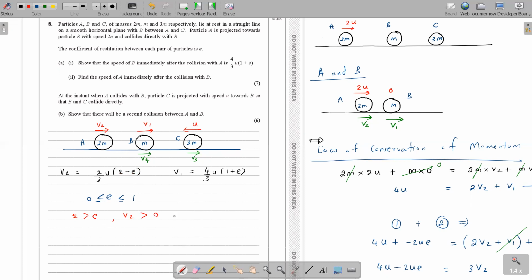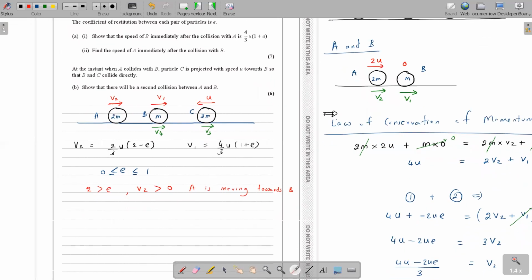So you can say A is moving towards B, or A is moving to the right. So I have identified that about my A.